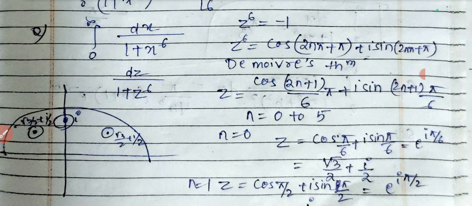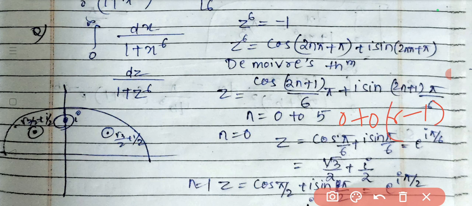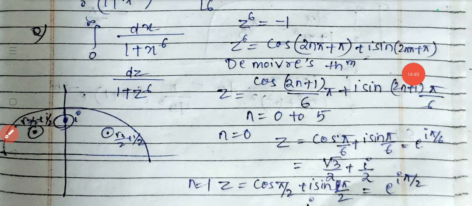So z will be cos (2n plus 1) pi by 6 plus i sin (2n plus 1) pi by 6, and the value of n will be 0 to 6 minus 1, that is 0 to 5.